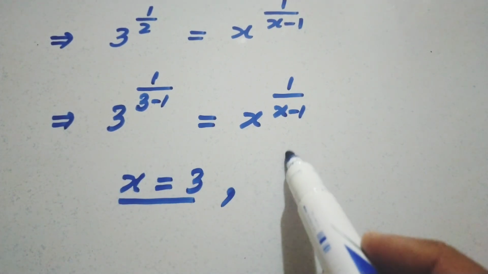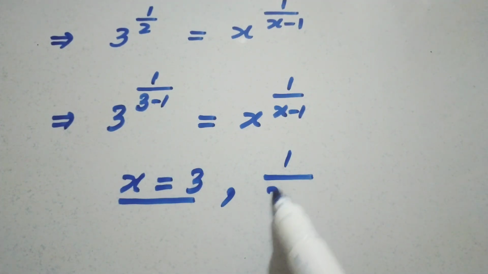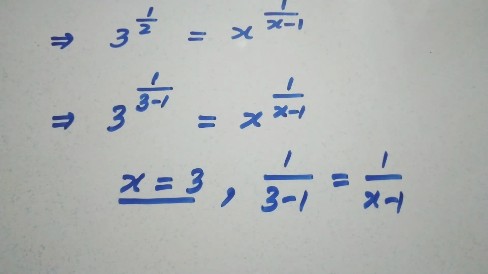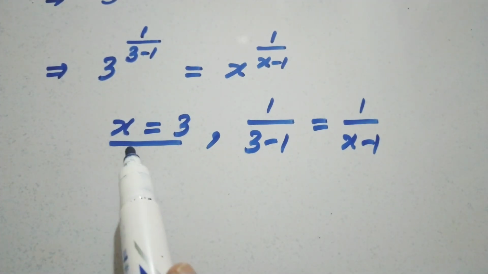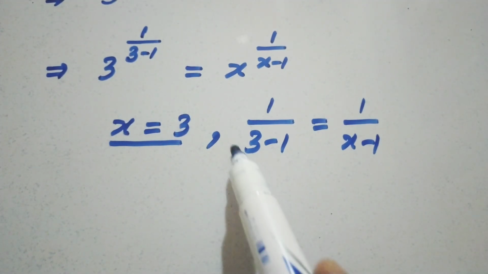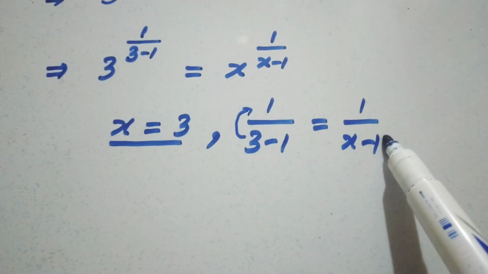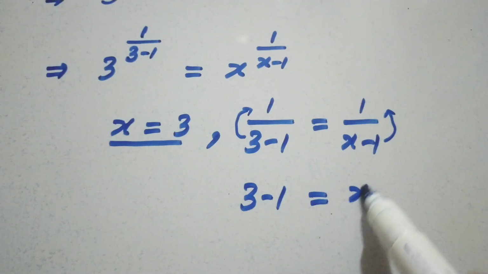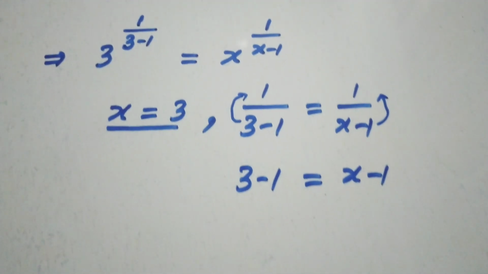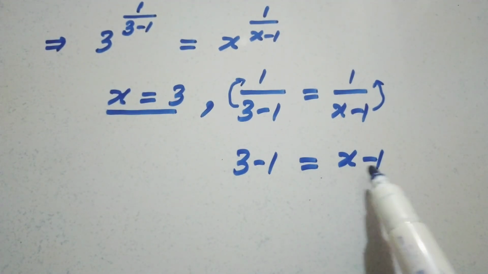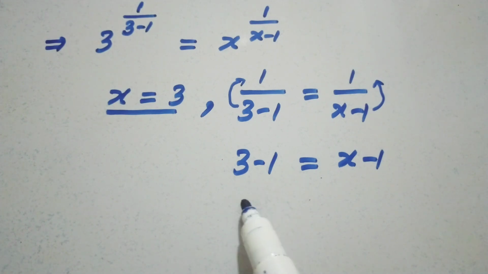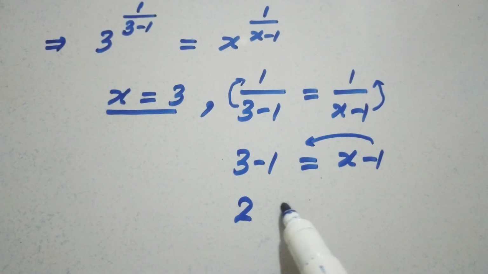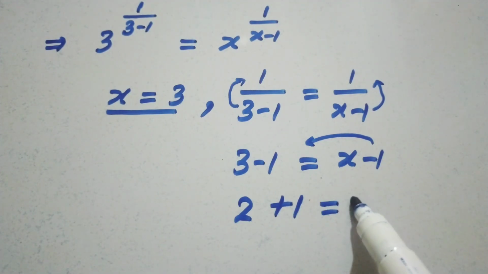Or we can write this as 1 by 3 minus 1 is equal to 1 divided by x minus 1. So we have here x is equal to 3, and taking reciprocal on both sides, we get 3 minus 1 is equal to x minus 1. 3 minus 1, which is 2, and by moving minus 1 from the right hand side to the left hand side, this will become positive, is equal to x.